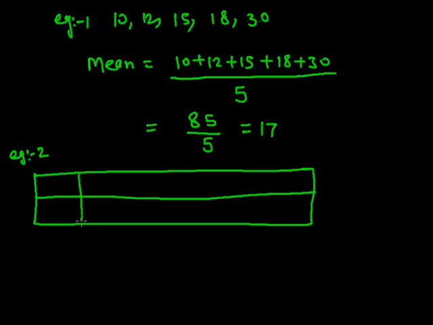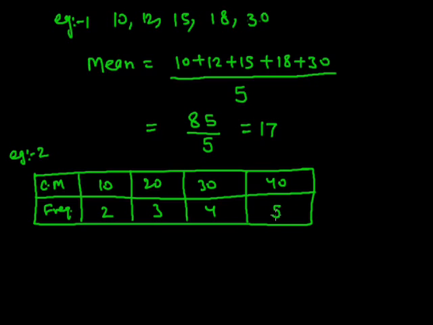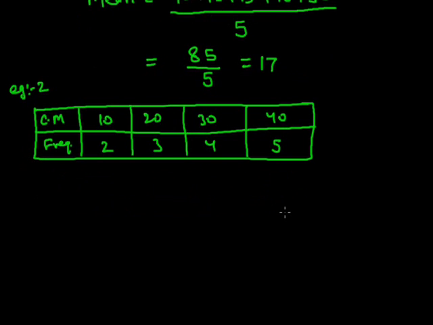Suppose the data is given like this: class marks and frequency. Let's say class marks are given as 10, 20, 30 and 40. Let's say the frequency is given as 2, 3, 4, 5. This is the frequency given. So in this case, how to find out the mean?